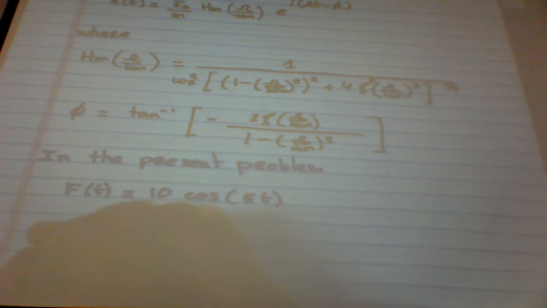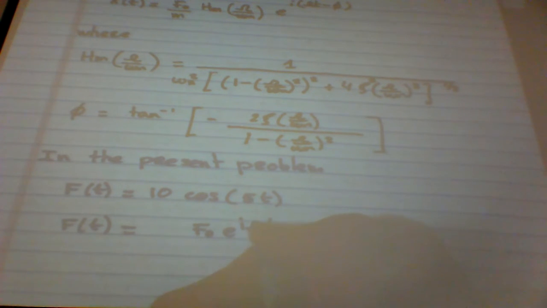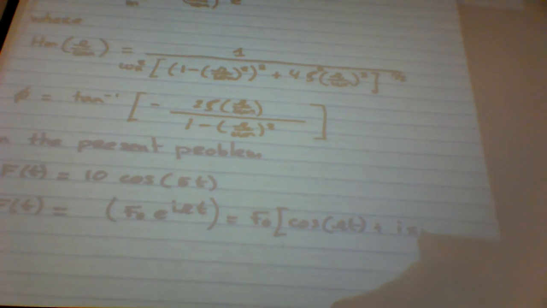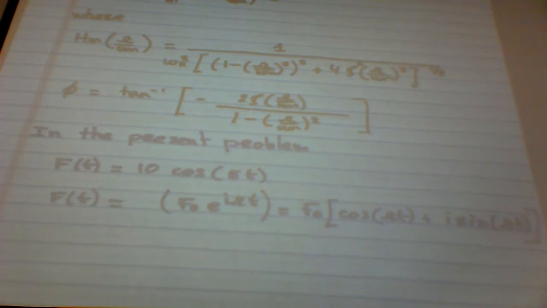Now, what is the general form of f of t? We say F naught e to the i omega t, which, let's do it this way, we know this will be equal to what? F naught of cosine omega t plus i sine omega t.